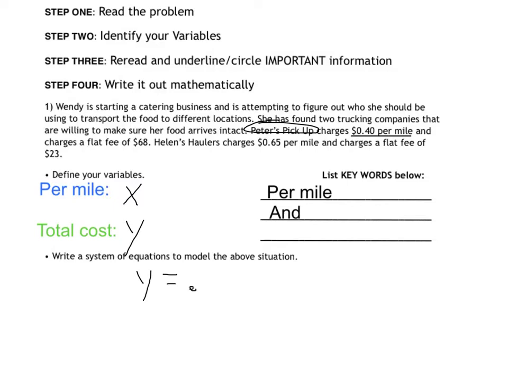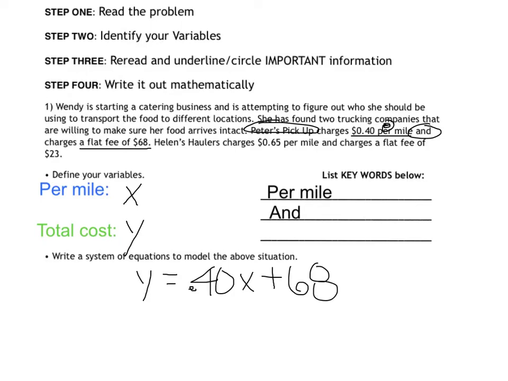Well, 40 cents, I know I'm going to write 0.40. Per mile means that I multiply it times mile. Well, what do we have representing our mile? The letter X. So times X, or 0.40X, and the word and we know means to add. And we're adding the flat fee of $68. So that's what our first equation looks like.